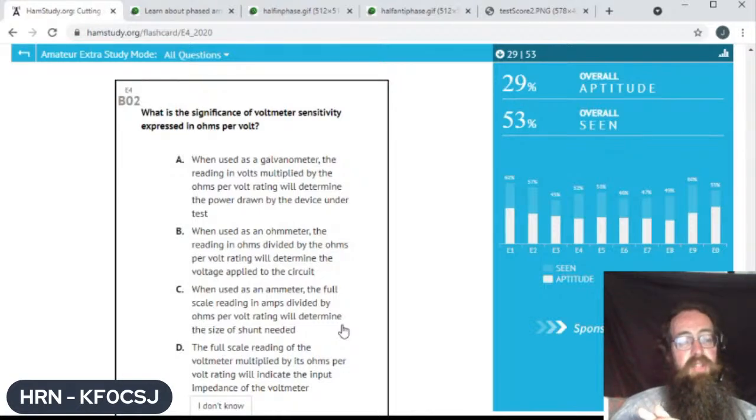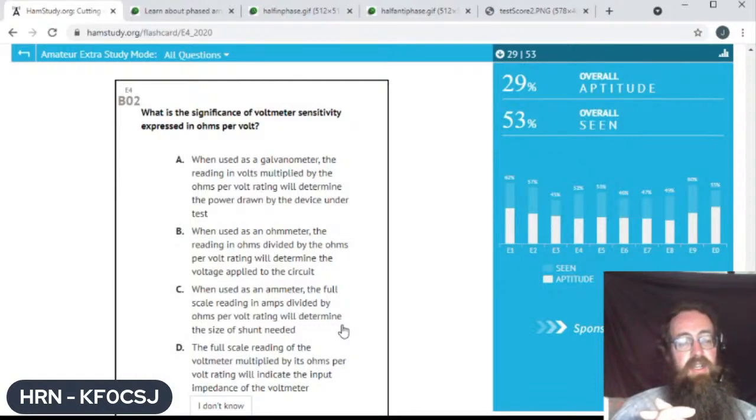B, when used as an ohmmeter, the reading in ohms divided by the ohms per volt rating will determine the voltage applied to the circuit. C, when using an ammeter, the full scale reading in amps divided by ohms per volt rating will determine the size of the shunt needed.